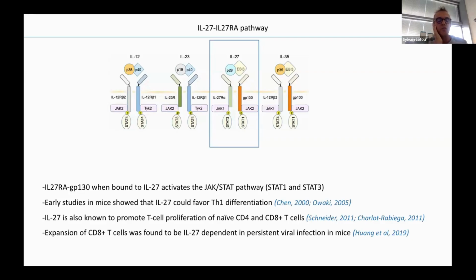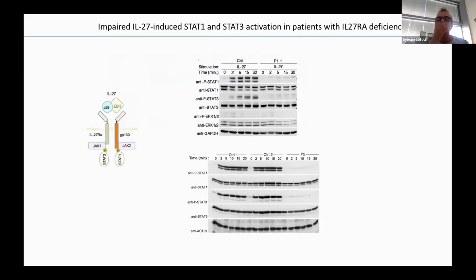More recently, expansion of CD8 T cells was found to be IL-27 dependent in persistent viral infection in mice. So first we looked at signaling downstream of IL-27RA in T cells of one patient. As you can see, in the patient that is IL-27RA deficient, there is no phosphorylation of STAT1 or STAT3 upon IL-27 stimulation.